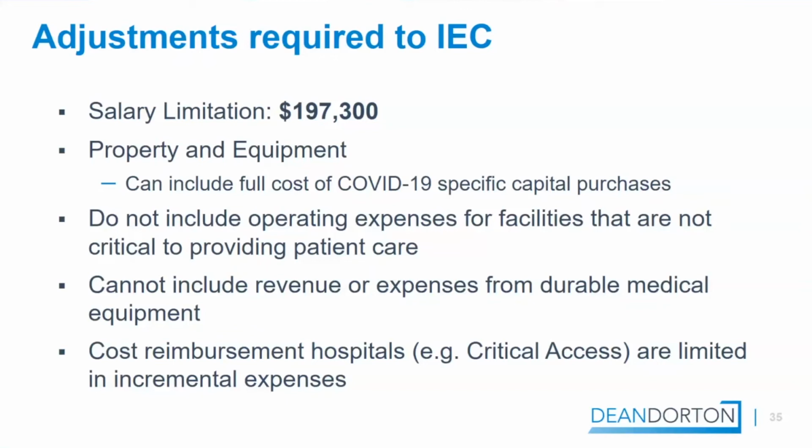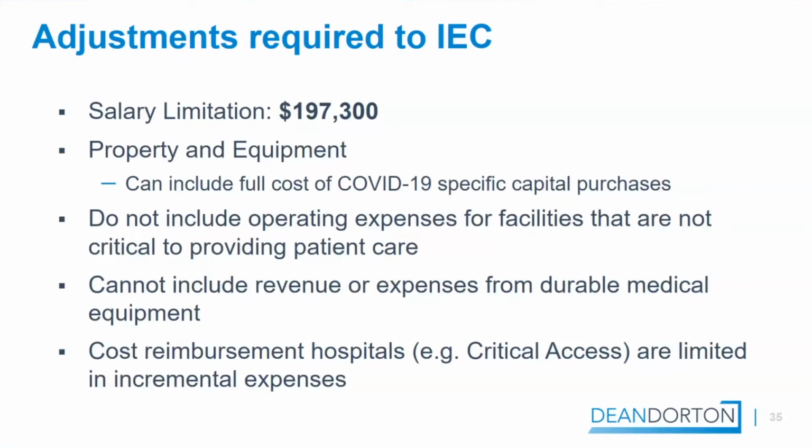You do want to be cautious that you don't include any operating expenses for facilities that are not critical to providing patient care. And so if you've got storage facilities or other spaces that you may lease, you just need to be conscientious of what operating expenses you're including in here.